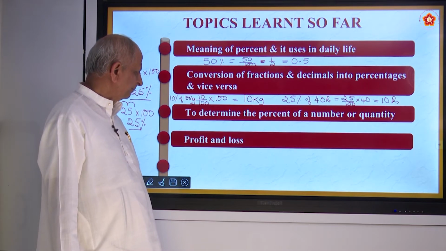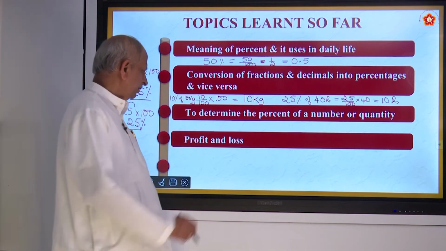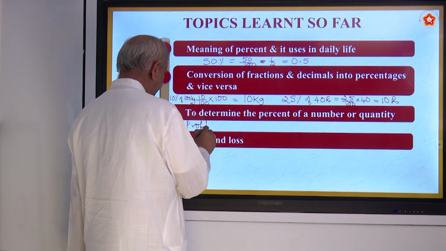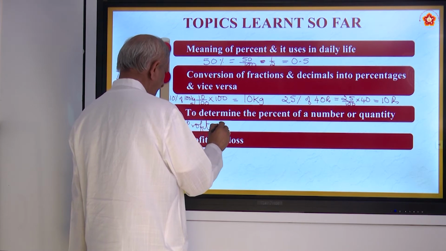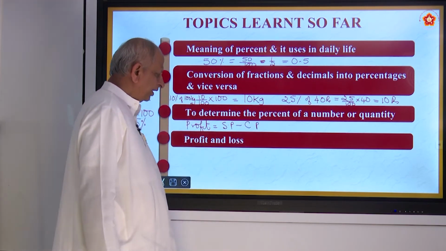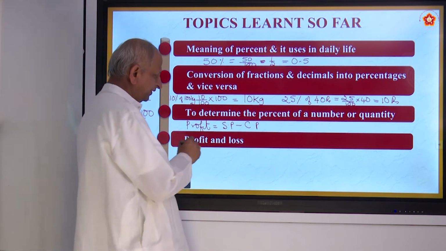Also we have studied about profit and loss. We get profit when you subtract cost price from the selling price. Or if the selling price is more than the cost price, we get profit.